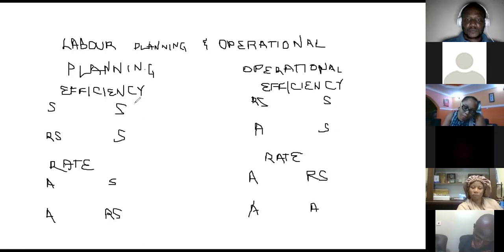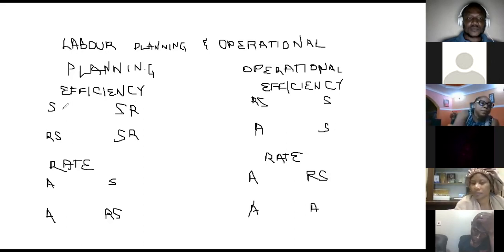All right. So for our efficiency variance now, our rate will be constant because that's not what we are dealing with. So standard rate and standard rate, that will be constant. And then efficiencies in terms of hours. So we'll be comparing standard hour with revised standard hour. Yes, that's for the planning part because we are comparing standard with revised standard. Now the rate, same thing.